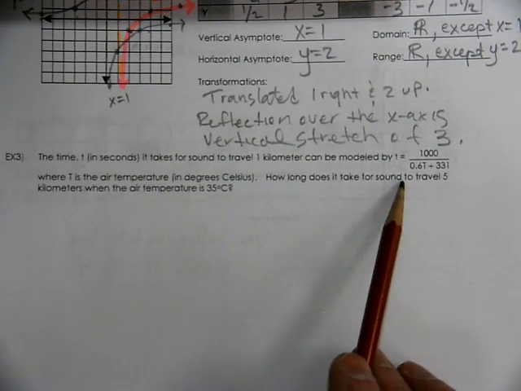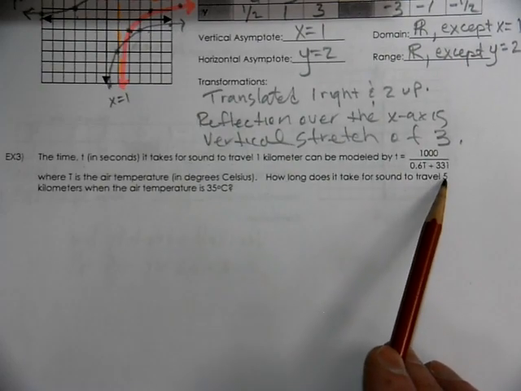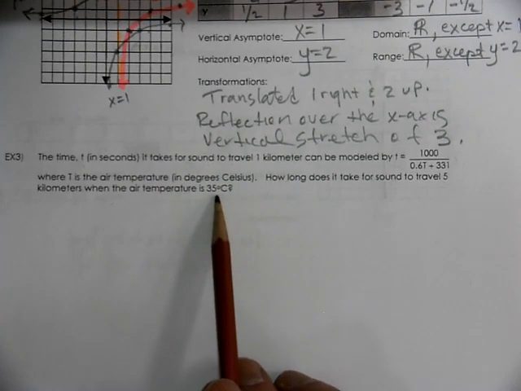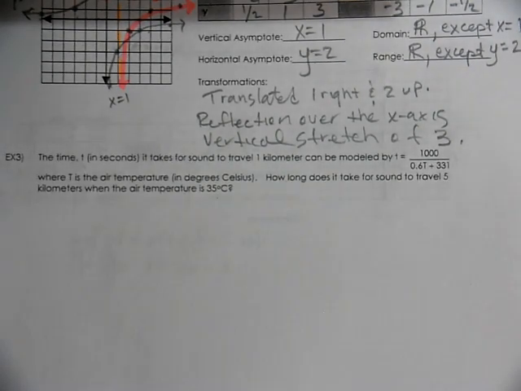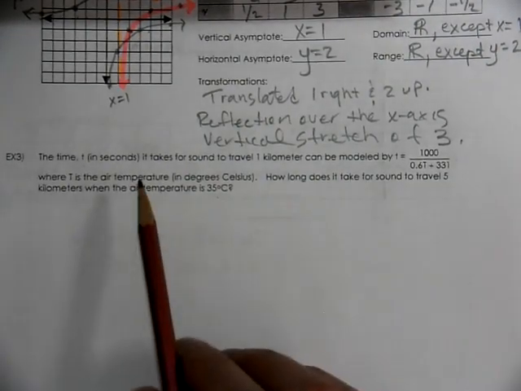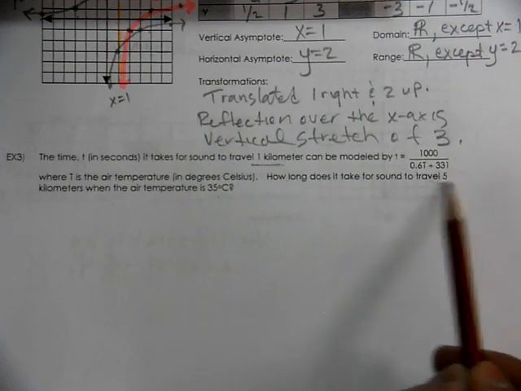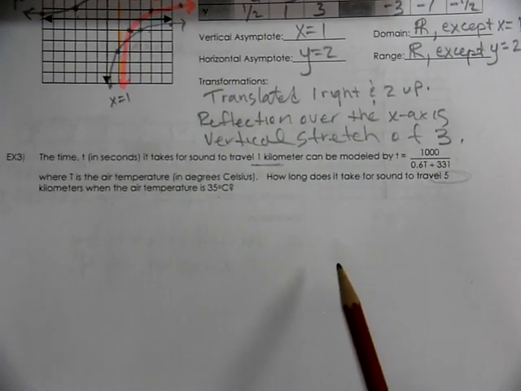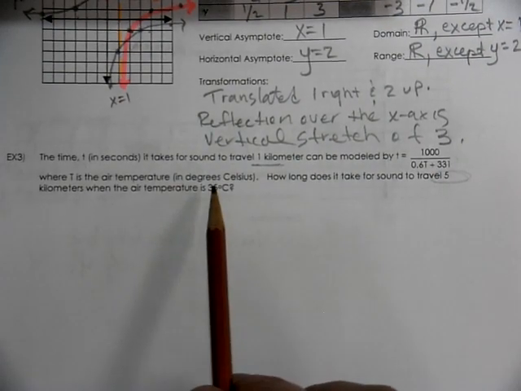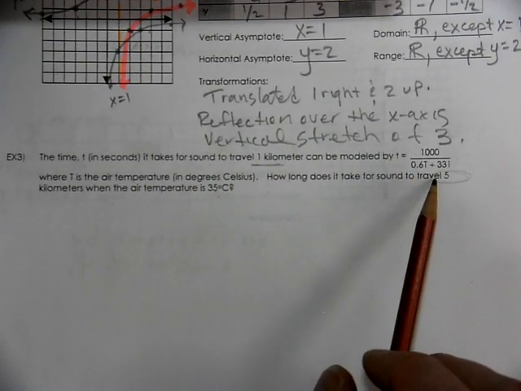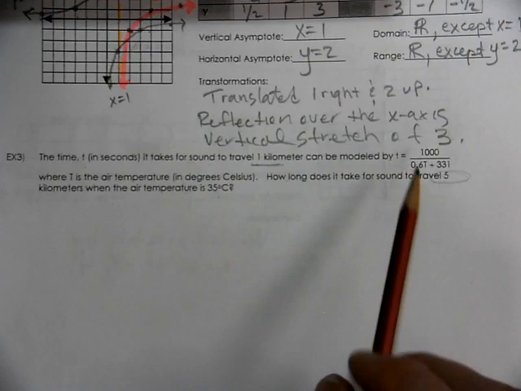How long does it take for sound to travel 5 kilometers when the air temperature is 35? So this is a calculation for 1 kilometer. We want to know about 5 kilometers. So what we're going to do is figure our answer out for 35 degrees. Then we're going to multiply that answer by 5.